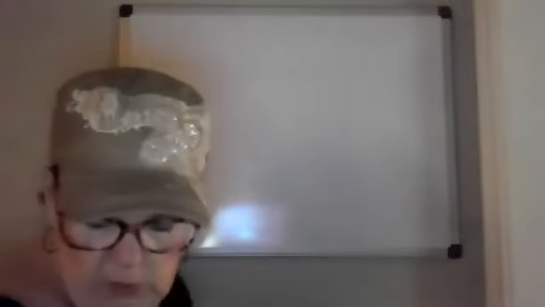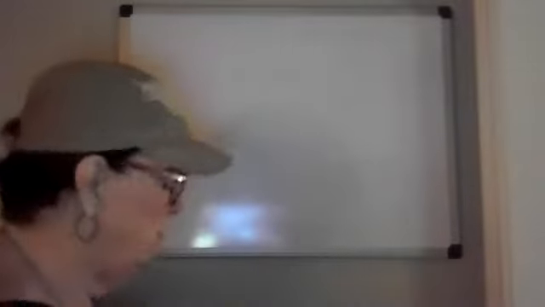We're not going to use the number lines. We're not going to use the discs. We're simply going to multiply. So let me go ahead and give you the rule.